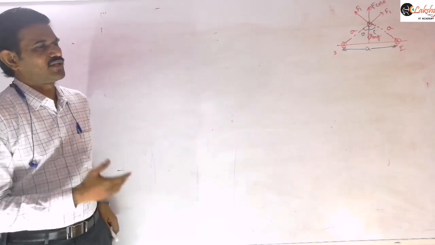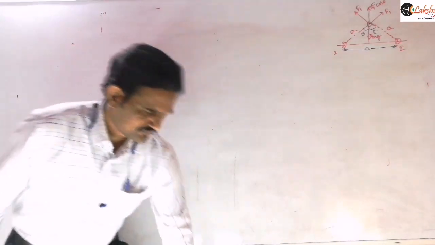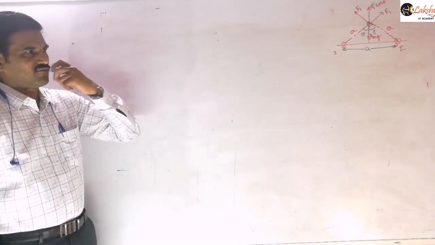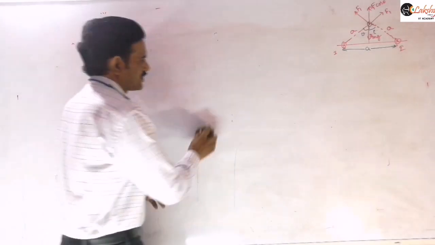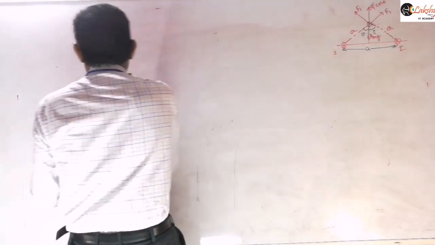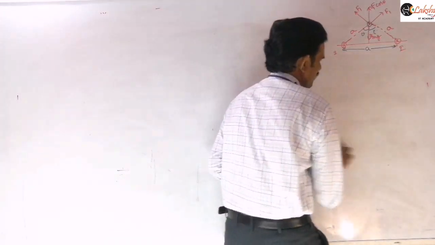Such a suspension is what we call magnetic levitation. When an object is suspended by using some magnetic field without any support, it is said to be magnetic levitation. That principle is now used in super fast trains.